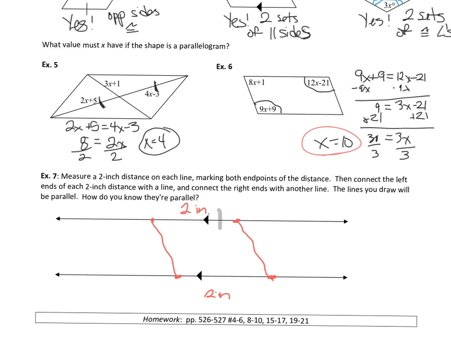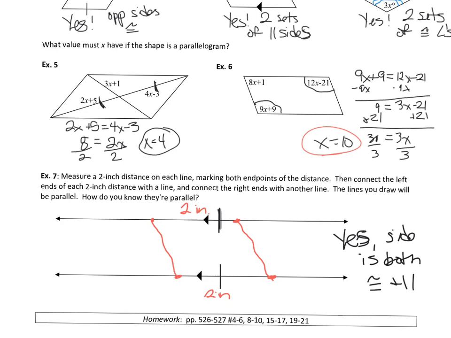So I have one set of sides that are both parallel and congruent to each other. Because of that, I do have a parallelogram. Yes, because my one side is both congruent and parallel.